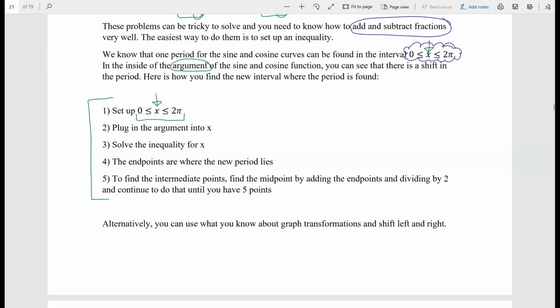Whatever your endpoints are, that's where the new period is. To find intermediate points, remember that you're going to add the endpoints and divide by 2, until you have 5 total: 3 points in the middle, and 2 points on the outside, which equals 5 points, okay?